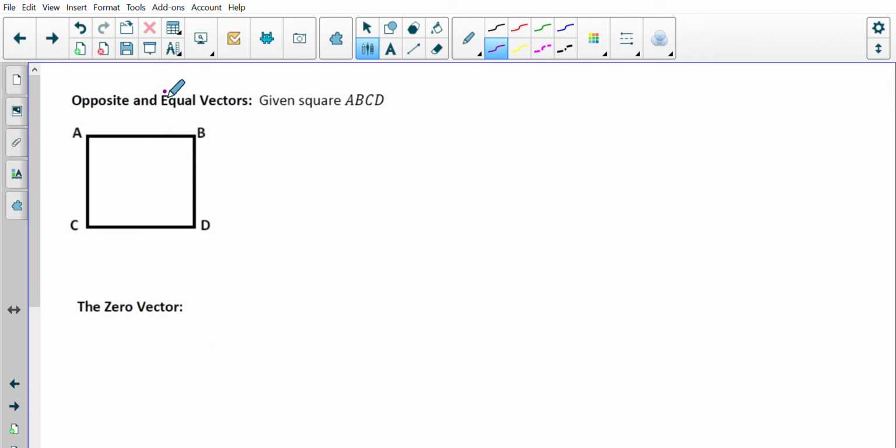All right. Now, what else we got here? Opposite and equal vectors. This is a little bit different view than I've had in a science class, such as physics. But we have square A, B, C, D. And so when we're talking about opposite and equal vectors, I could say the vector AB, so we'll call that vector AB there in blue, is equal to CD.